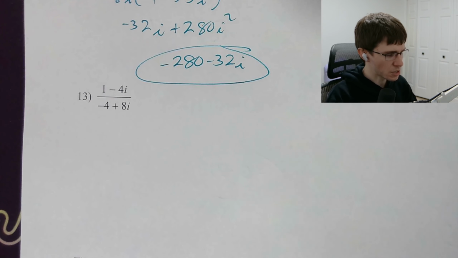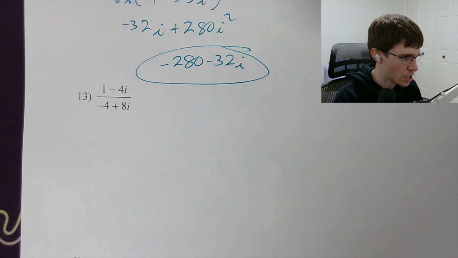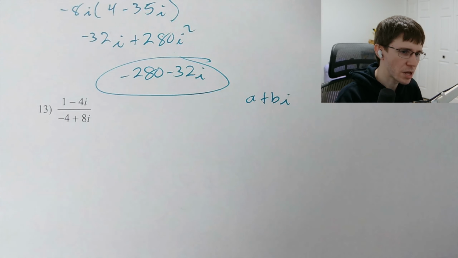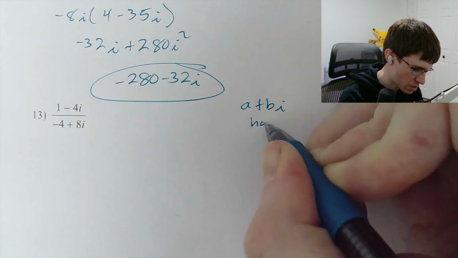Question number 13 is going to be a little different. On this problem, you have to remember to multiply by the complex conjugate. What that means is if I have a plus bi, you're multiplying by its conjugate, which is a minus bi.